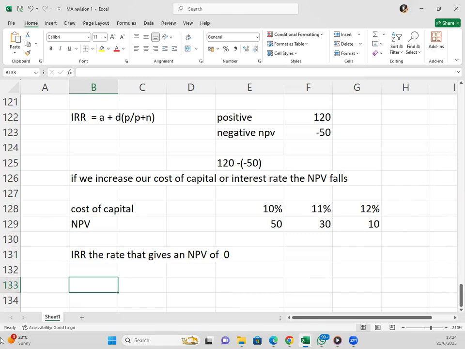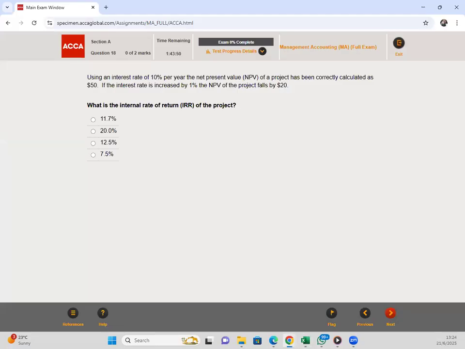So let's go to the answers. The internal rate of return can't be 7.5. Why? Because at 10%, our NPV is 50.